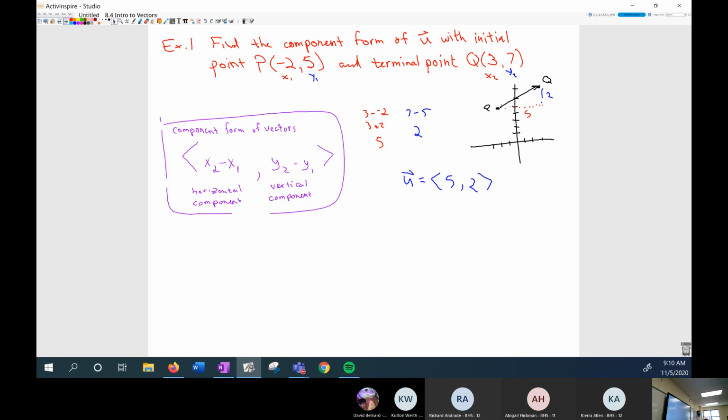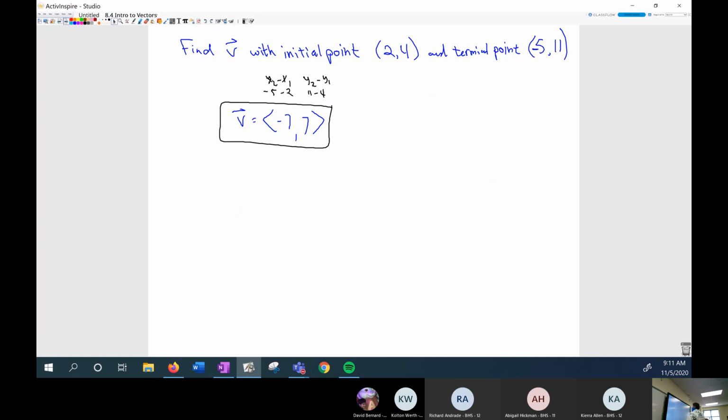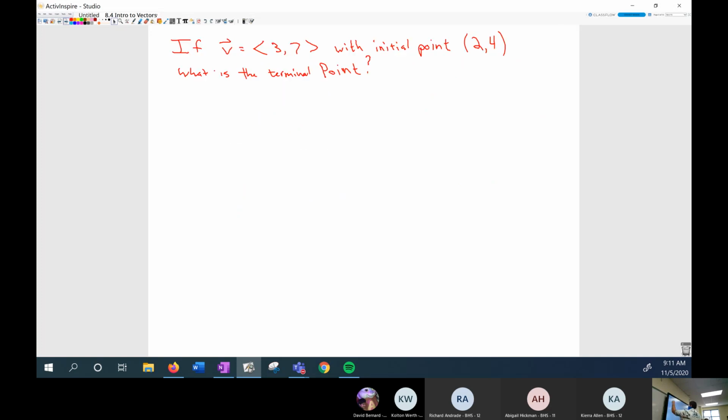If I have a negative horizontal, I've got to go to the left. I've got to denote which direction I'm going by a positive or negative. And in order to make sure we're doing this right, we have to have the correct starting point, and that's our initial point, wherever that is. That's our starting point, initial. Terminal point is where we ended. So I went through some examples on that. You had some practice at getting those vectors.